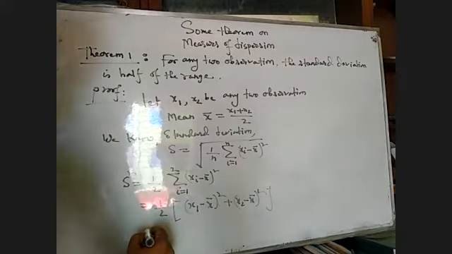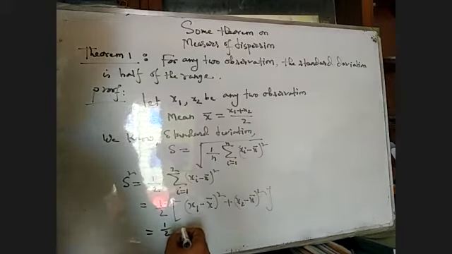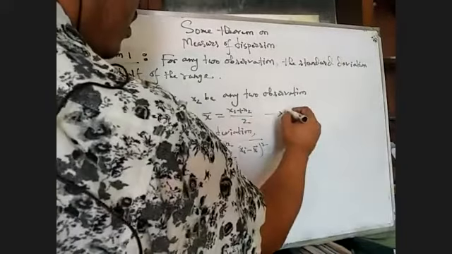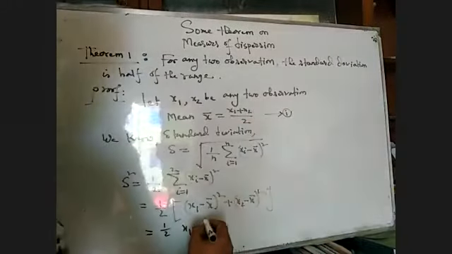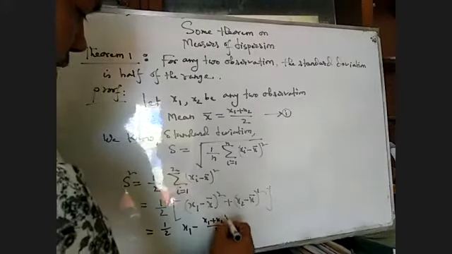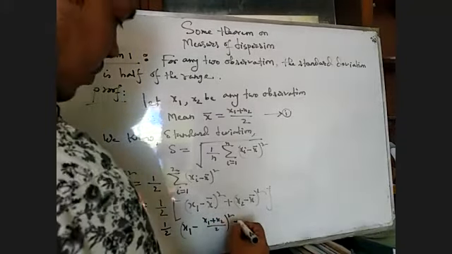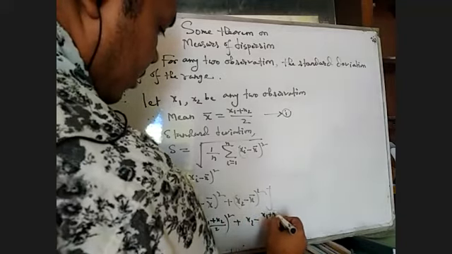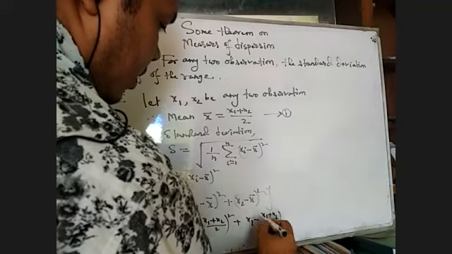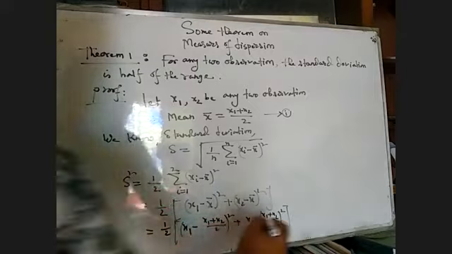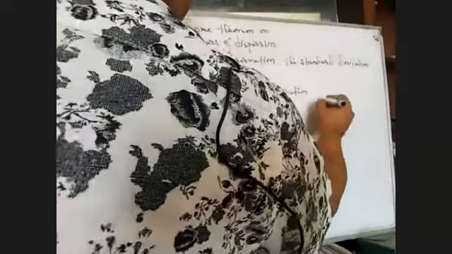So this equals to half x1 minus x bar, where x bar means x1 plus x2 divided by 2, whole square, plus x2 minus x1 plus x2 divided by 2 whole square. This is equation number 1.